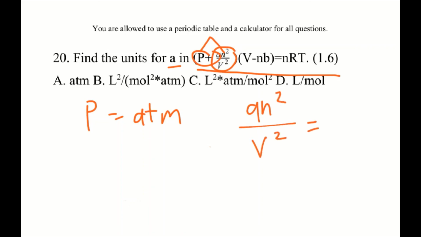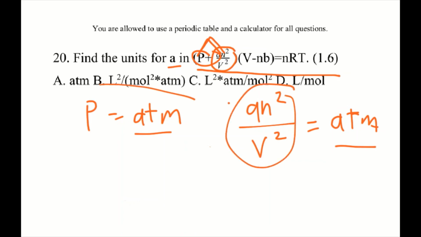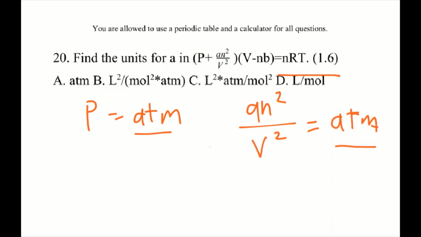Well, this would also have to equal ATMs, because if you add these two together, you get a pressure in ATMs. So we have to make sure that this altogether means ATMs, so that when you add this and this, you get an answer that's in ATMs, which was the intention of the question.